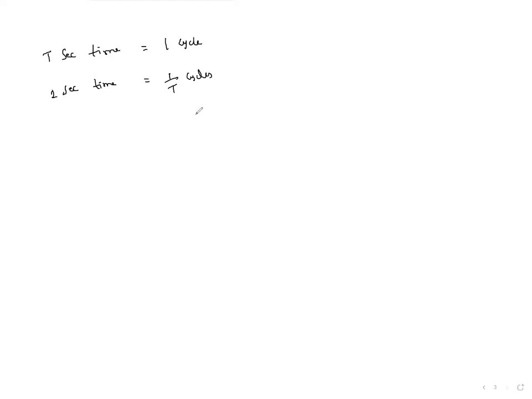What is the meaning of this? Here 1 by T is defined as number of cycles per 1 second. Number of cycles per second is called frequency.